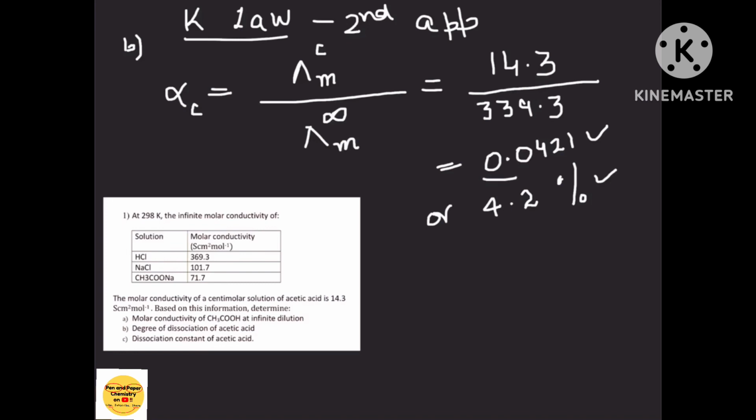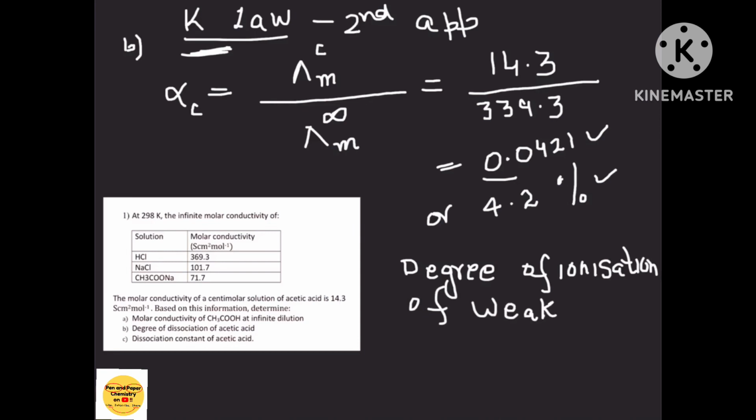Preferred are the decimal and the percentage value. So if you notice over here, with the help of Kohlrausch law, we can also determine the degree of dissociation or degree of ionization of weak electrolytes.